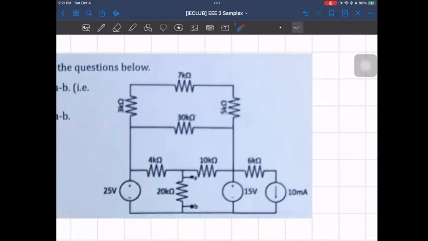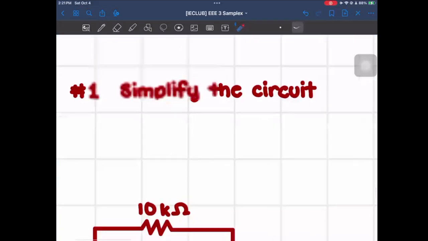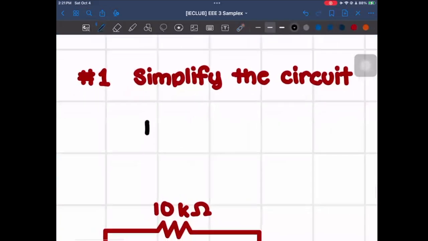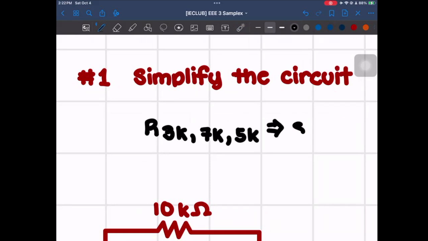First, we could simplify or combine these three resistors, and we could do this since they are connected in series. So what will end up happening is our 3K, 7K, and 5K are connected in series.